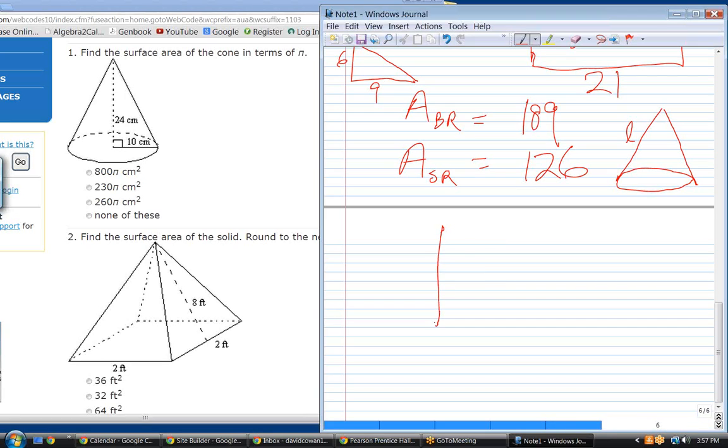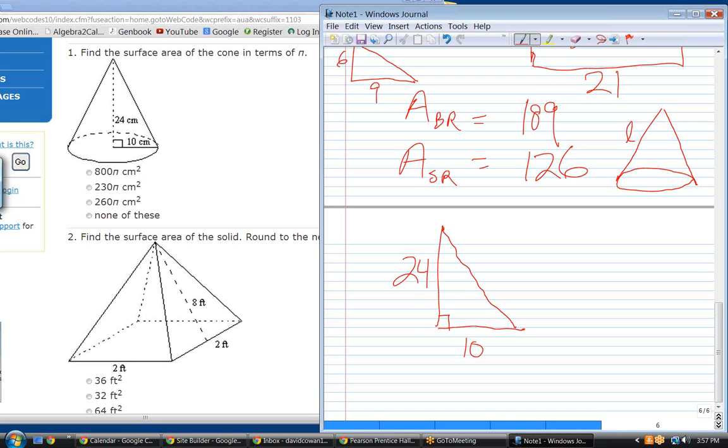Okay. Now I know that can't be right. Why is it that I know that can't be right? Because the hypotenuse has to be the largest side of a triangle. Oh, okay. So we've done something wrong.